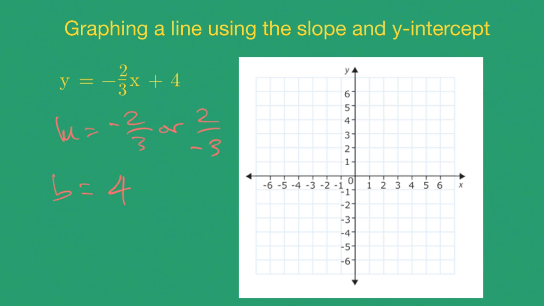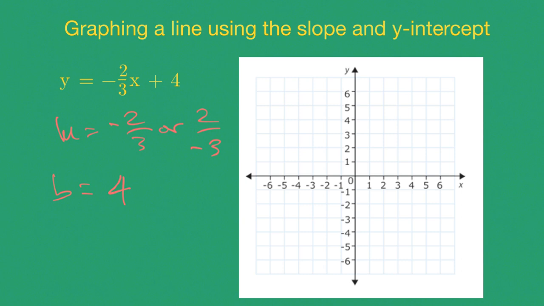So just understand that with a negative slope, you can either put that negative sign with the top number or the bottom number. Do not put it with both, because a negative over a negative is a positive, and that changes that slope. Our slope is negative. We're going to get a downhill line, so when you use that negative sign, either put it with the top number or the bottom number.